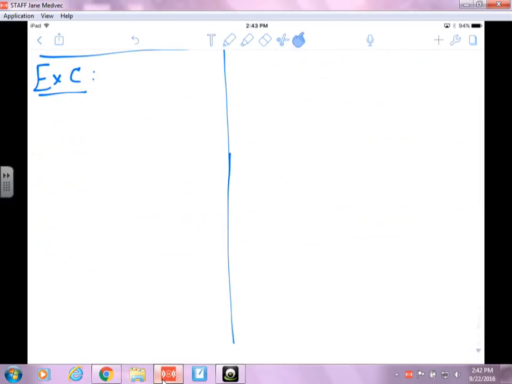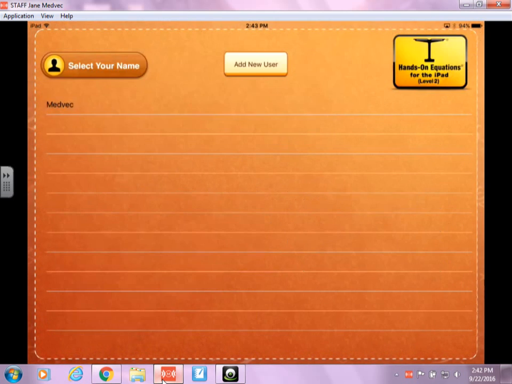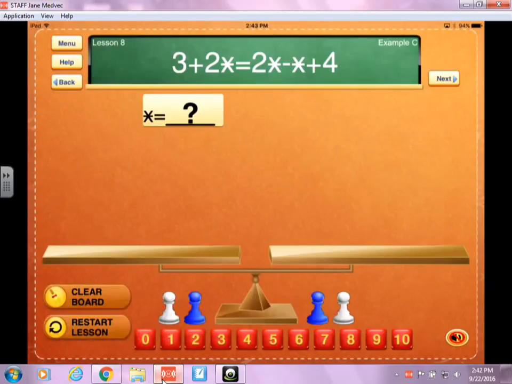Okay. So I'm going to go back to my app. Okay, here's C. So you can write this down. It's 3 plus 2 star equals 2 star minus star plus 4. Okay, so I'm going to set up my balance. Here's my 3.